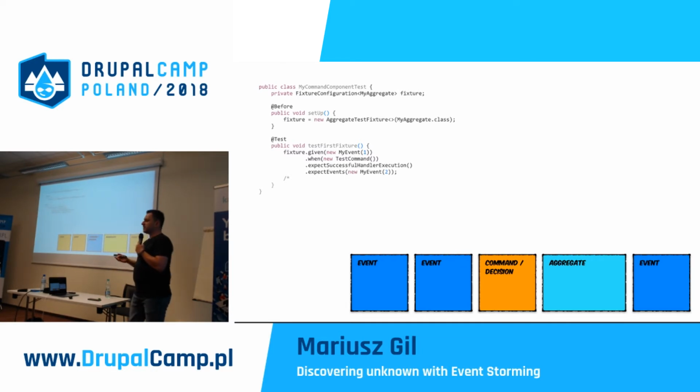Given is a set of events, nothing more. When is just a command, and then is another set of events, and you can model your acceptance criteria directly from your event storming session.